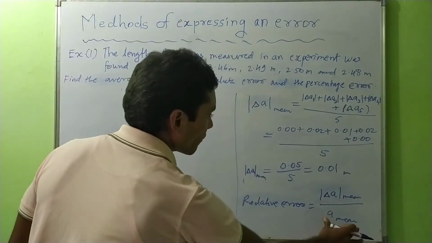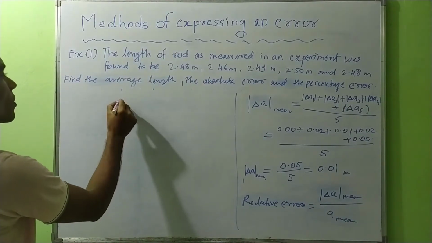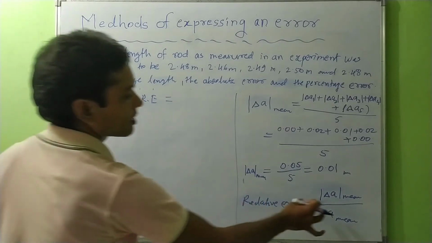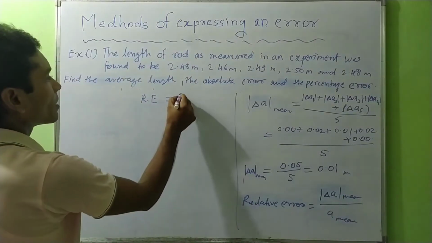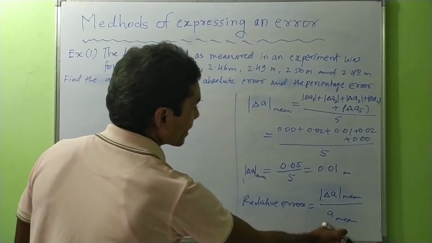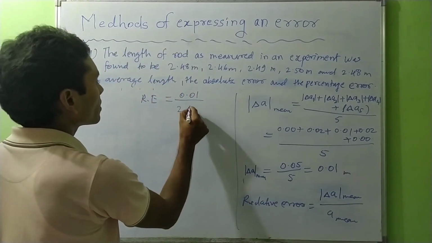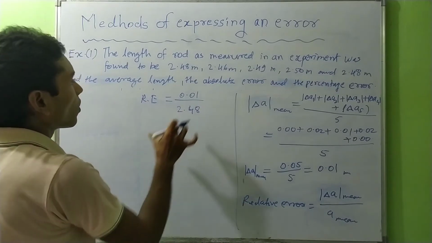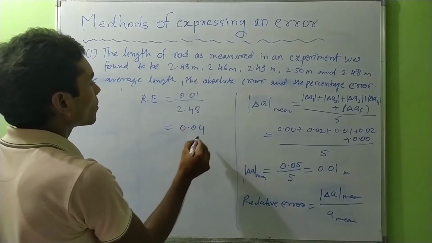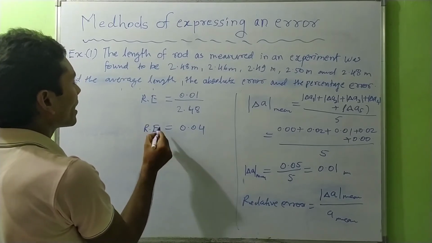On putting the values here, the mean absolute error is 0.01, and the mean A is 2.48. On solving this term, we will get 0.04. This is the relative error.